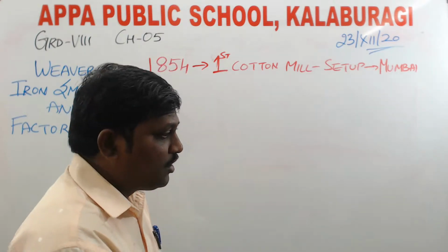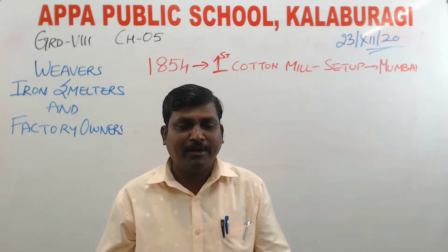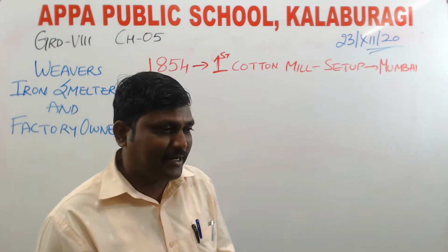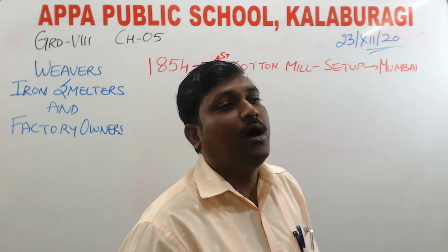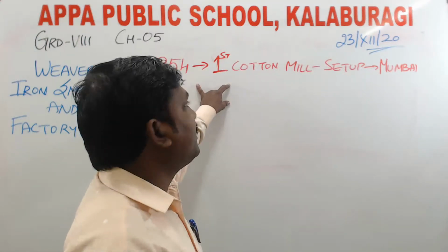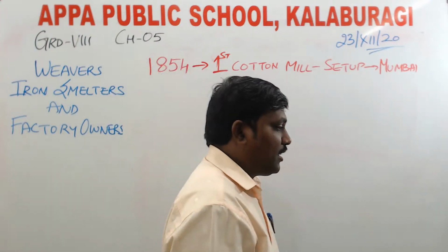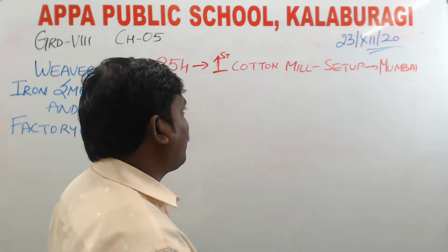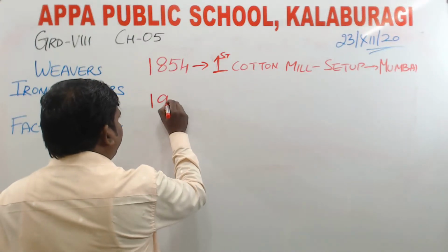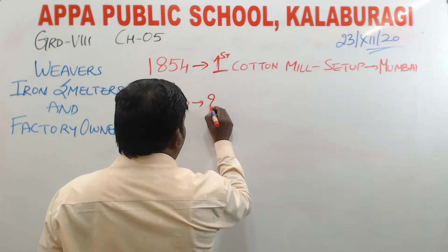And also, skilled workers were needed to prepare those cloths, and those skilled workers were available in Bombay. As a result, after 1854 until about 1900, several mills came up in India.